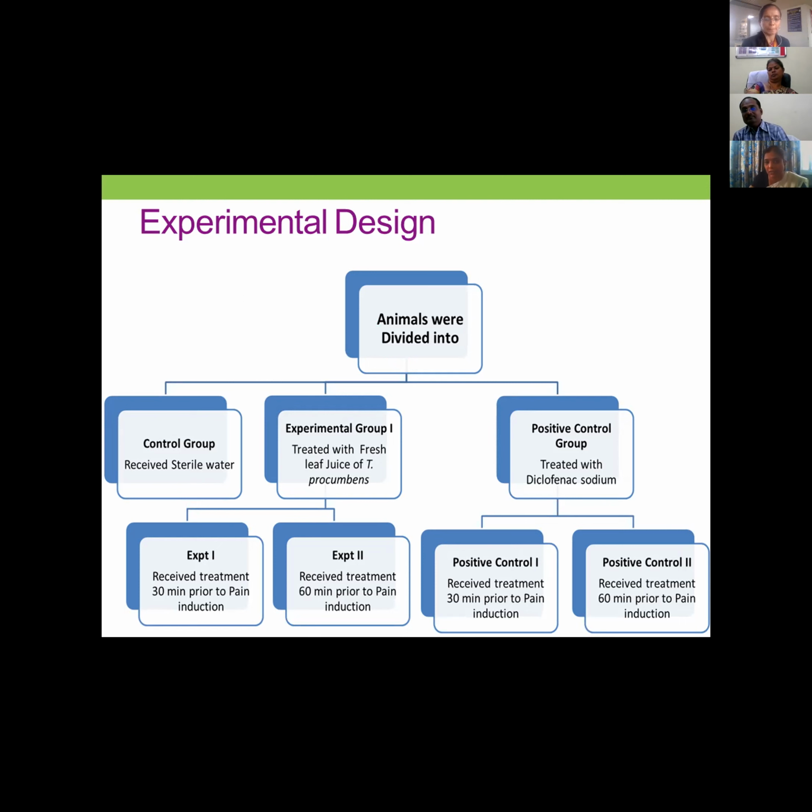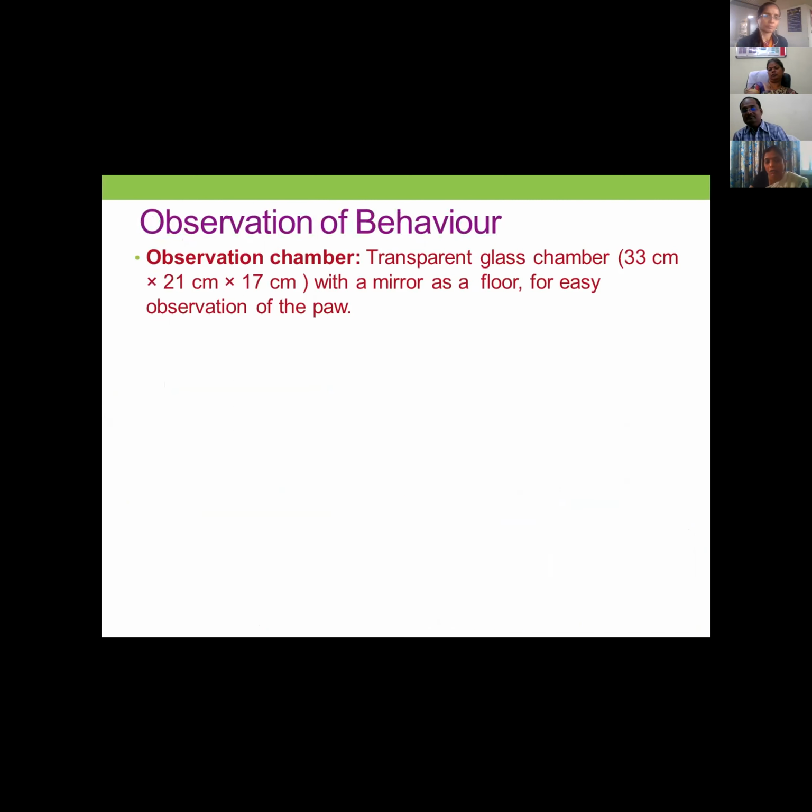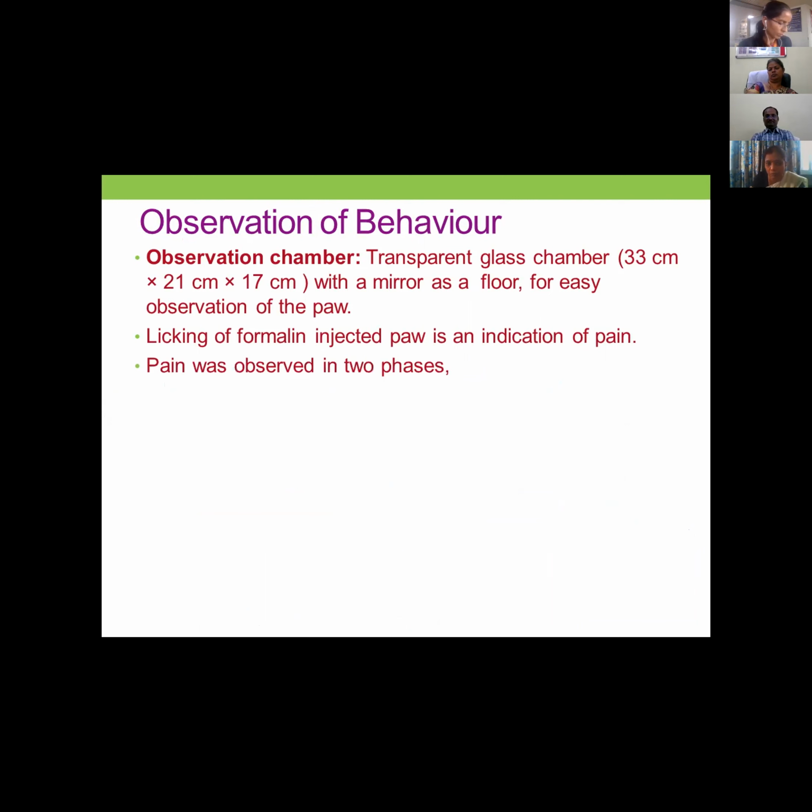Now for observation, we have a glass observation chamber which has a mirror floor for easy observation. Licking of the paw is observed, and licking indicates the induction of pain.